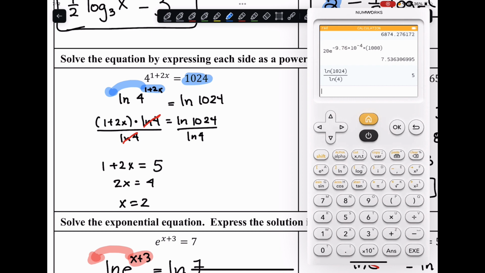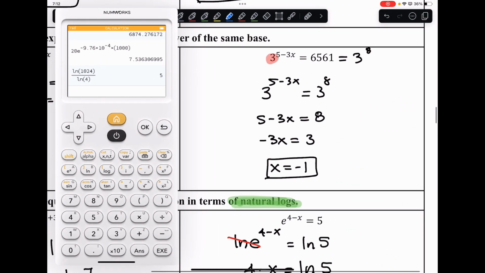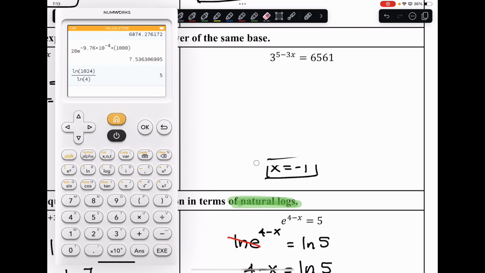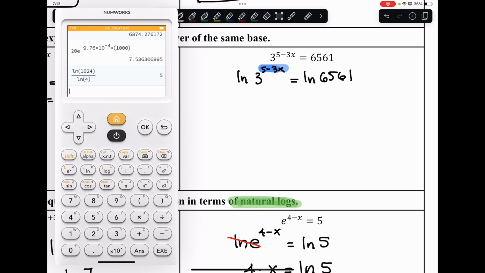So let's look at the next example. So for this example right here, again, our answer is -1. So let's use the same technique. So instead of, again, figuring out that 3 to the 8th power is equal to 6561, we're just simply going to take the natural log to both sides. So if I take the ln of 3 to the 5 minus 3x and take the ln of 6561, I can pull this exponent by the power property and multiply the natural log of 3 with 5 minus 3x.